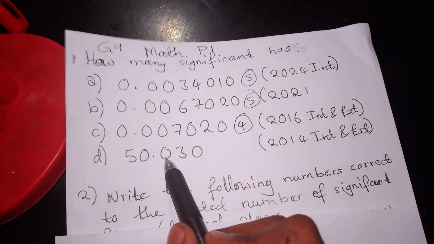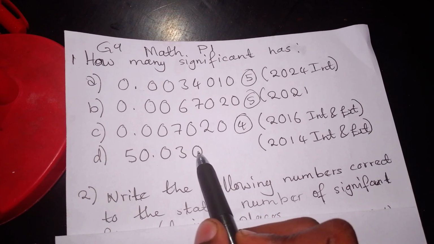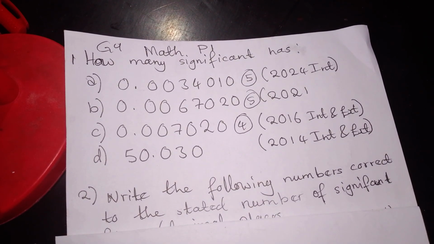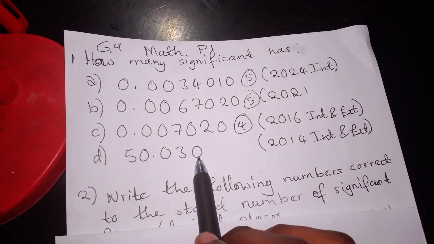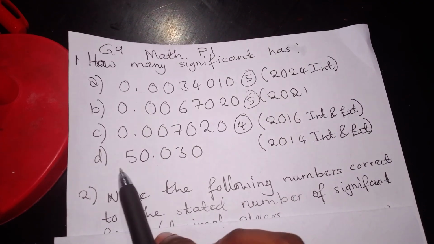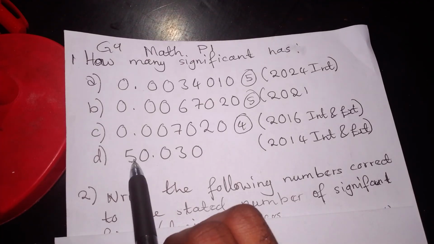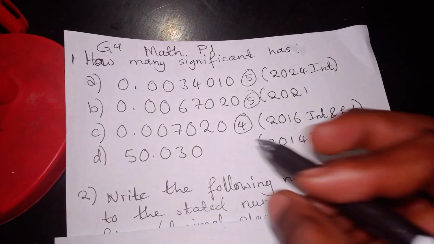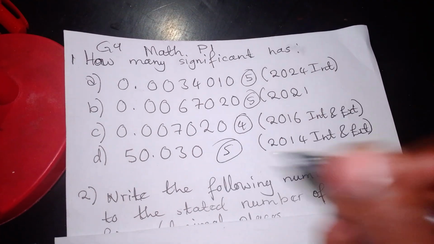So we have 1, 2, 3, 4. And then remember the trailing zeros are equally considered significant. So this one is equally significant. In other words, all these 5 digits are significant here. So we have 1, 2, 3, 4, 5 significant figures.